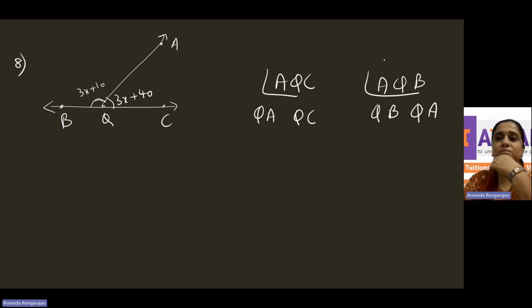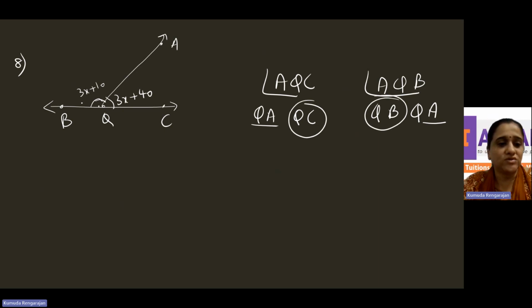Which is the common arm? The two angles have a common vertex Q and their common arm is QA. Which are their non-common arms? QC and QB. They lie on opposite sides of the common arm, so they are adjacent angles.